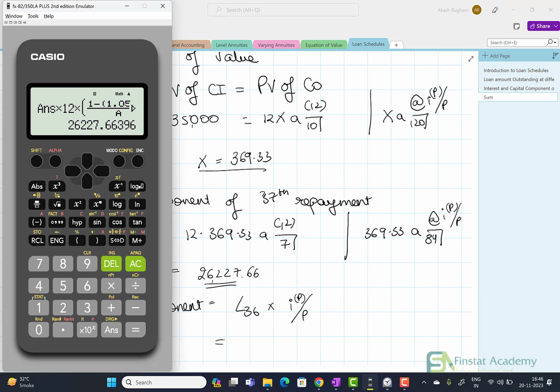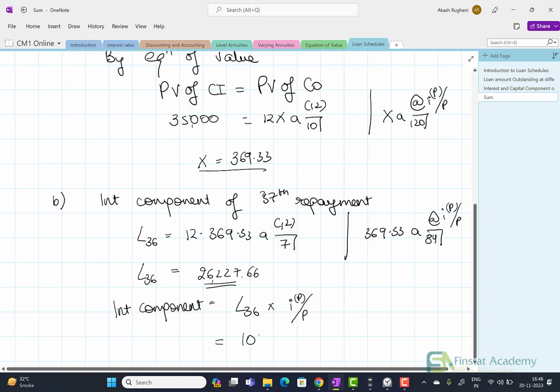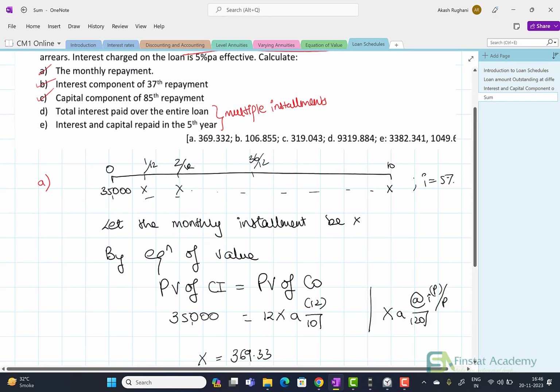So whatever is my answer here into IP by P. IP I've already stored as A. Divide that by, yeah, I already have stored it as A. I'll just use the fraction alpha A. Yeah, divide that by P, for us 12. So this becomes my interest, which is 106.85. And that becomes my interest component.